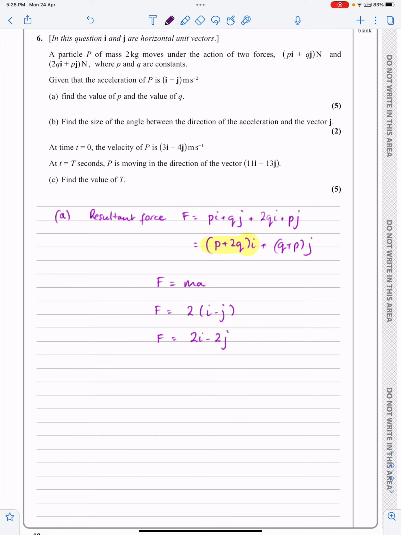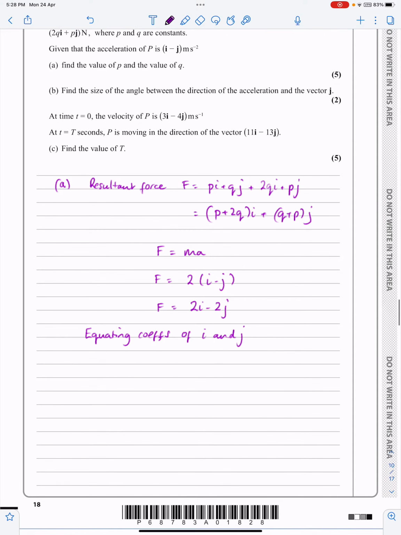Now obviously we can't do that with highlighters on the answer scheme. So I'd say equating coefficients of I and J, just to tell them what I'm doing, which means that I get P + 2Q for the I's is equal to 2, and I get Q + P for the J's is equal to -2.